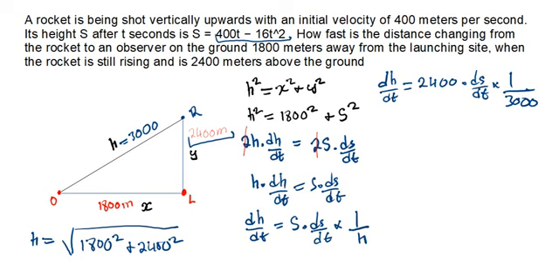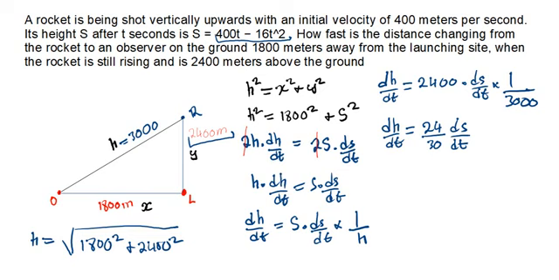So we can try to simplify that. We are going to have our dh/dt being equal to 24 over 30 ds/dt.